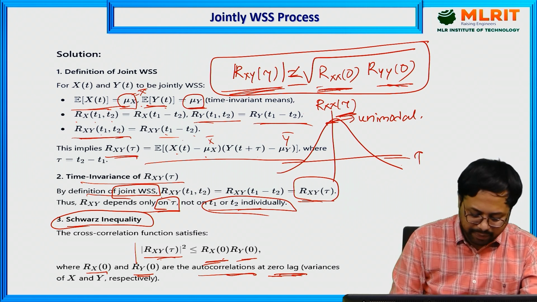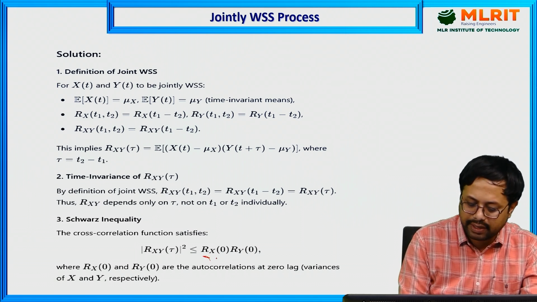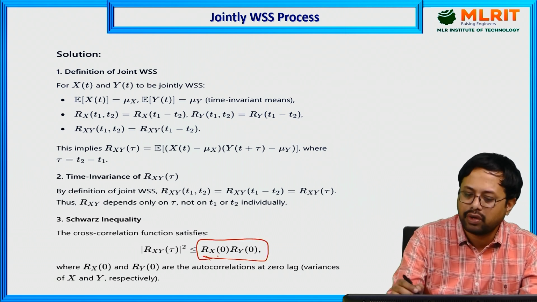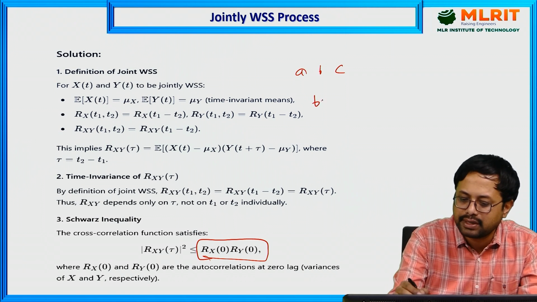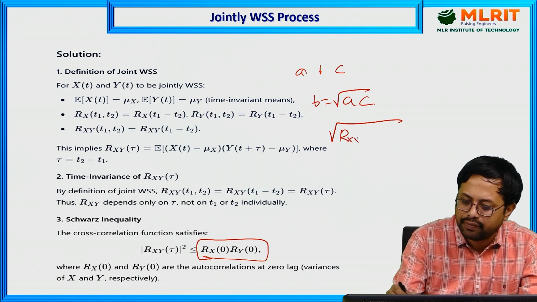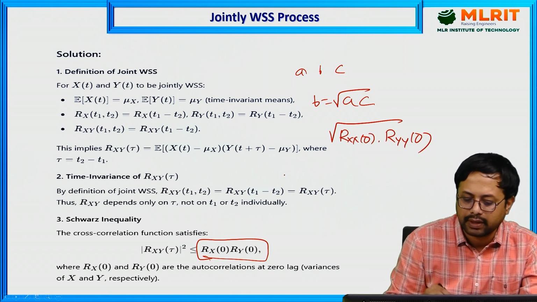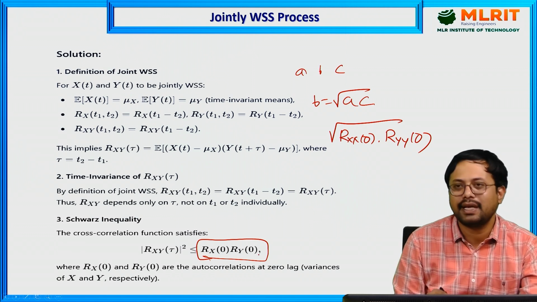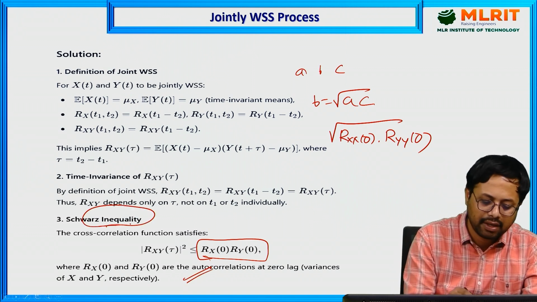The geometric mean, the square root: if you have A, B, C, the geometric mean B is equal to the square root of A into C. Here A into C represents Rxx of 0 into Ryy of 0. Here the condition is satisfied, and so it also satisfies the inequality condition.